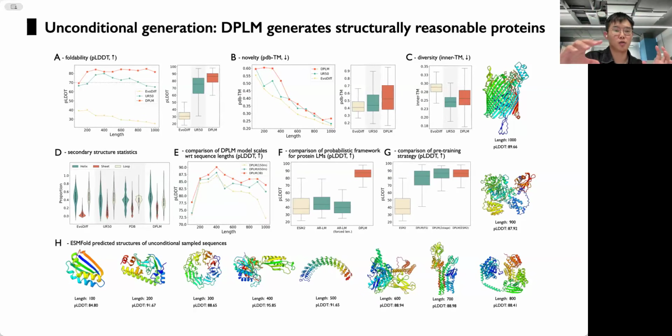So the model is lazy, because you provide more observed parts, or more conditions, to do these tasks. So the model can be a little bit lazy about capturing the more complex dependencies or relationships inside the protein sequences.